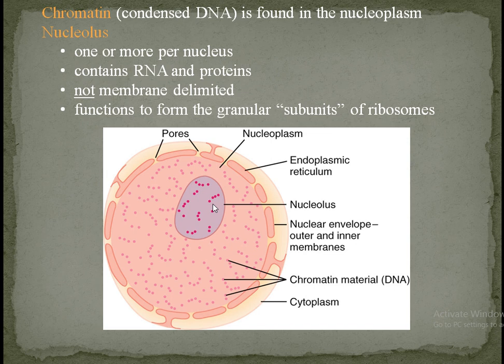The function related to the nucleolus is to form the granular subunits of the ribosomes. Specific DNA genes in the chromosome cause RNA to be synthesized. Some of this is stored in the nucleoli and most of it is transported outward through the nuclear pores into the cytoplasm.